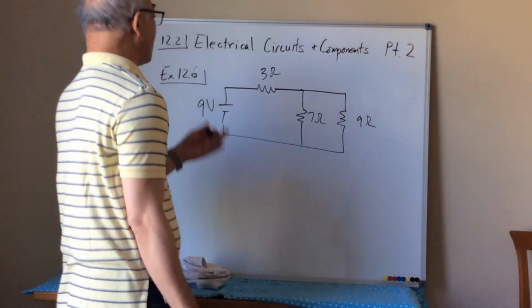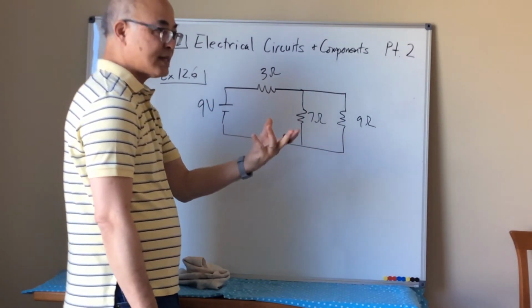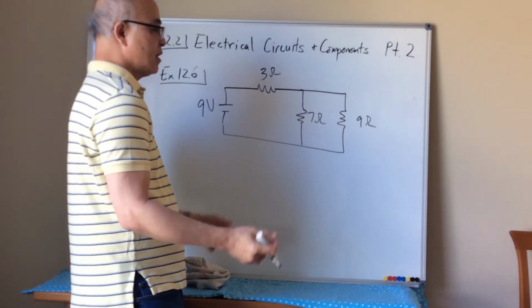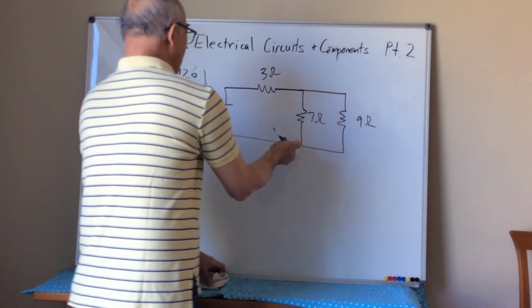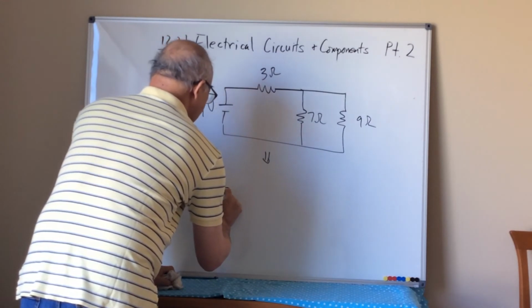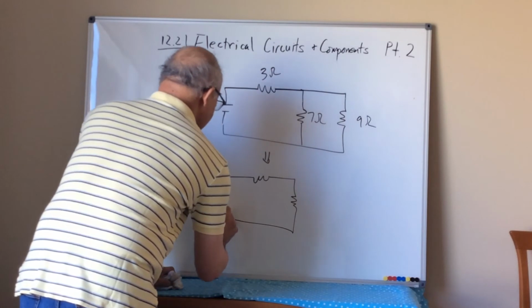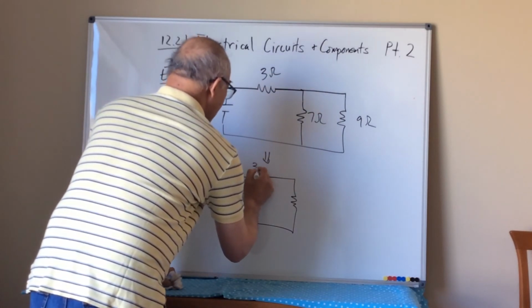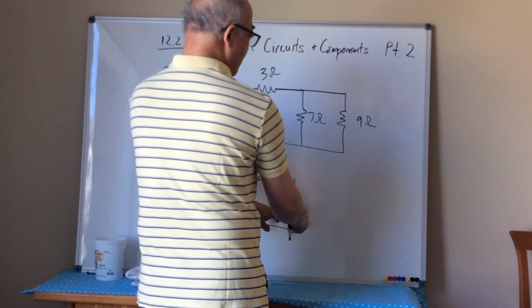So in order to find the total current, you have to find the total resistance. What I'm going to do first is put an equivalent circuit that looks like this. So this would be the same 3. Now I have to find the total of these two and put it right here.